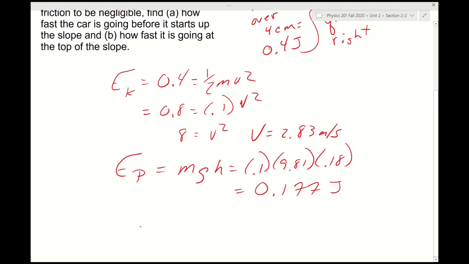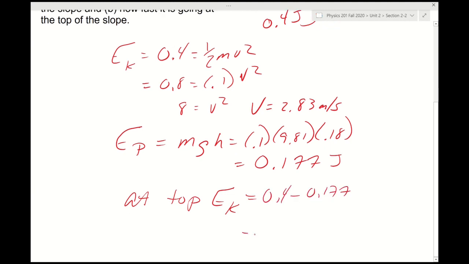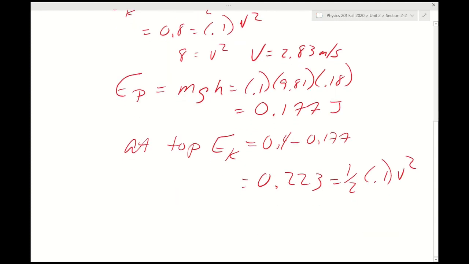So at the top, E_k is equal to 0.4 minus 0.177, which is approximately 0.223, which is 1/2 the mass, 0.1, times v squared. So at the top, it's going to have a speed of approximately 2.11 meters per second.